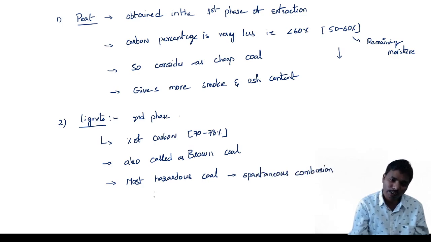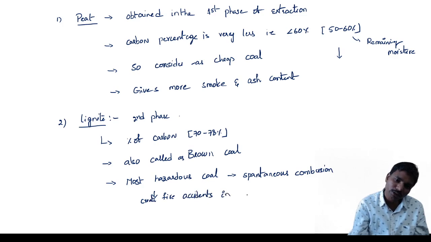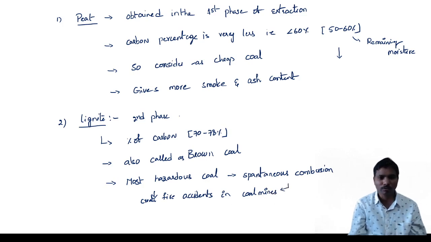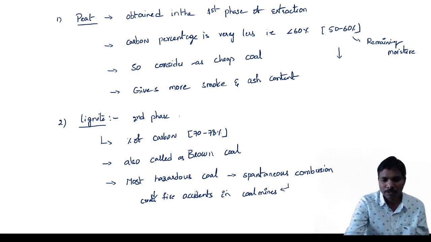Okay, so that's why there may be fire accidents, that is, it may create fire accidents in coal mines. Okay, so that's why the miners have to be careful while they are extracting this lignite type of the coal. Okay, now coming to the next one.